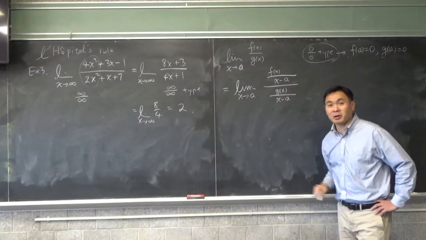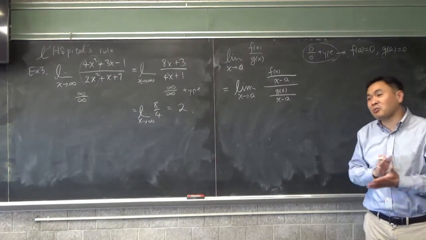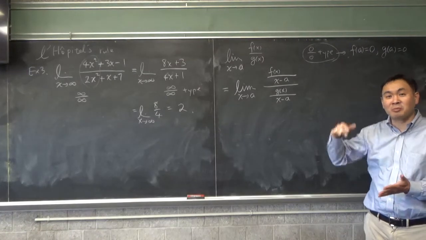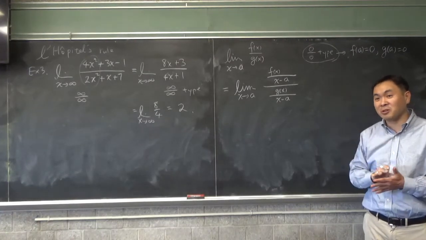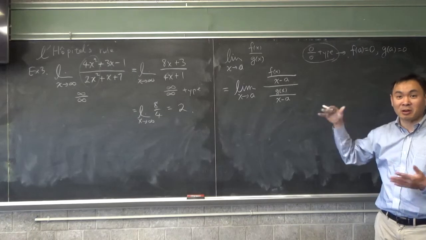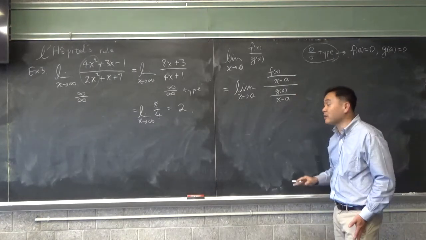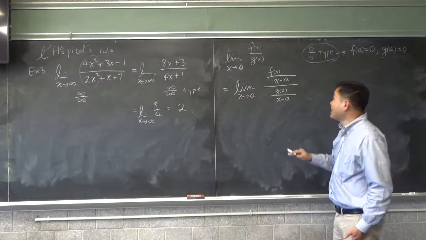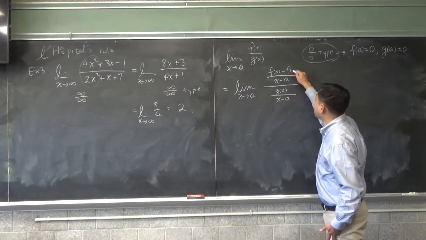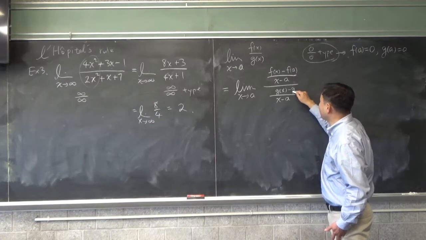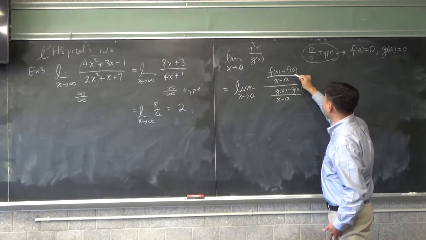In a fraction, you can multiply whatever you want to top and bottom as long as you're doing the same thing, right? You can also divide anything top and bottom as long as you're dividing by the same thing. So I choose to divide top and bottom by x minus a. And then also write in minus fa here and minus ga here. I can do that because this is 0.